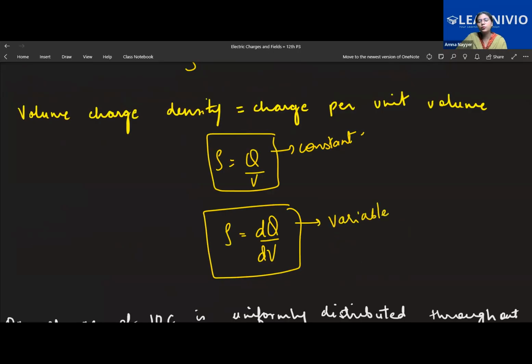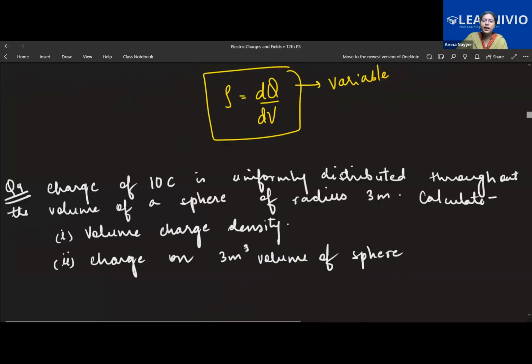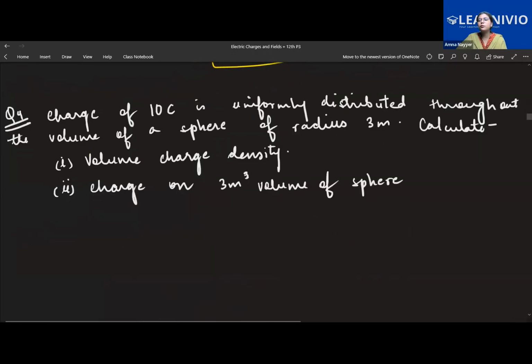Look at this: a charge of 10 coulomb is uniformly distributed throughout a volume of radius 3 meter. When we are talking about rho, it is charge per unit volume.